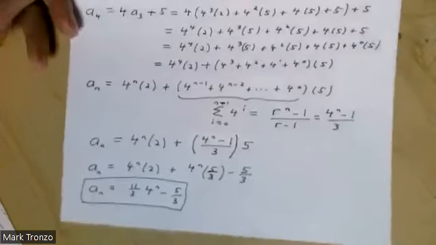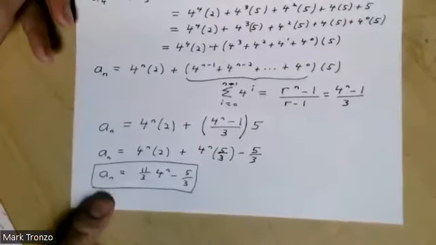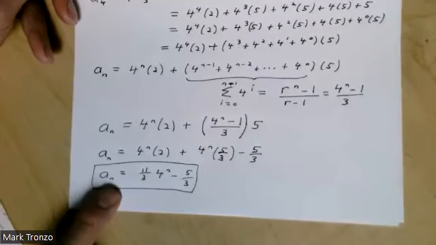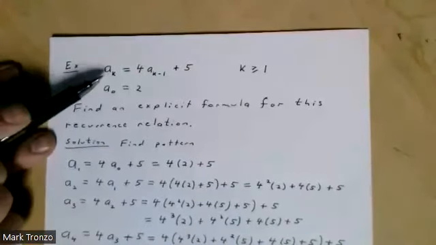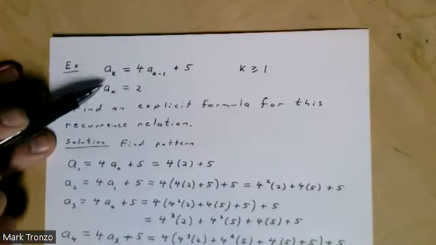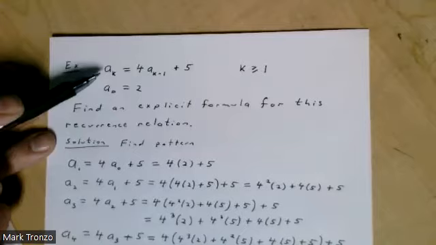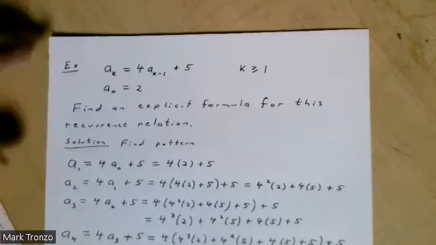And notice the important thing about this is, let's say you wanted to find A100. If you had to use a formula, you would have to do 100 steps. You'd have to go through A1, A2, A3, just like we did here, all the way up to A100.